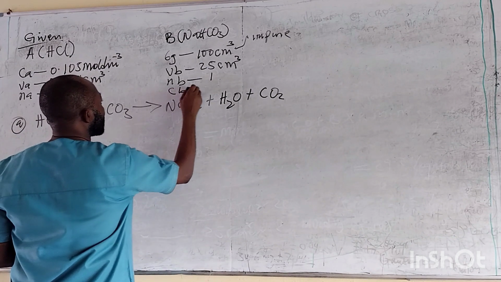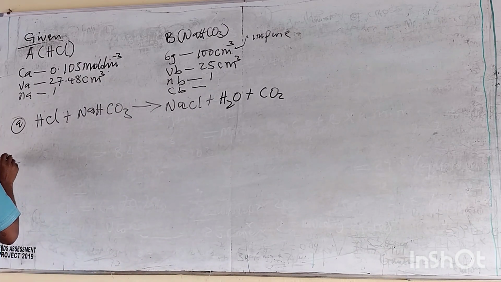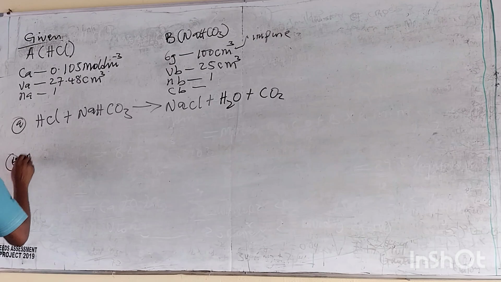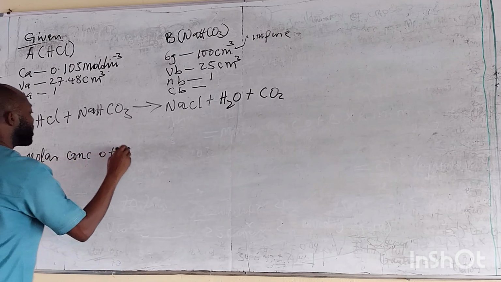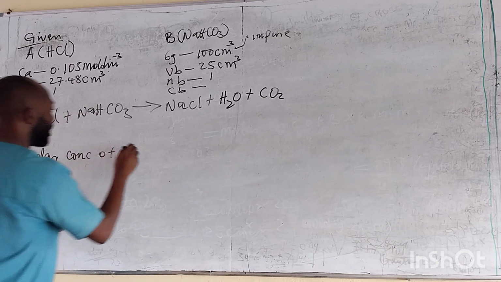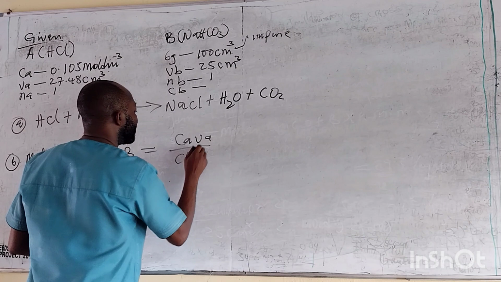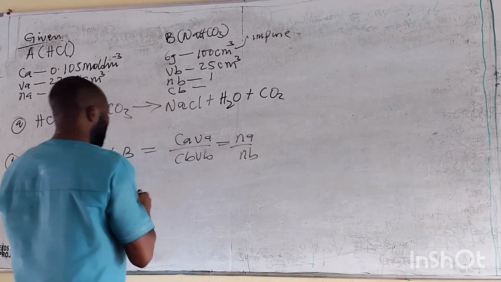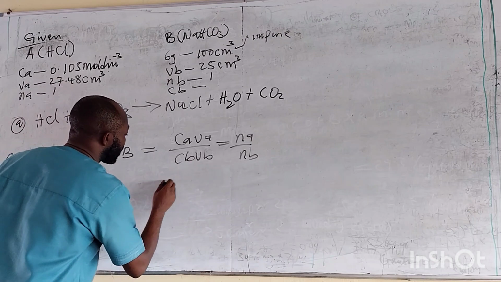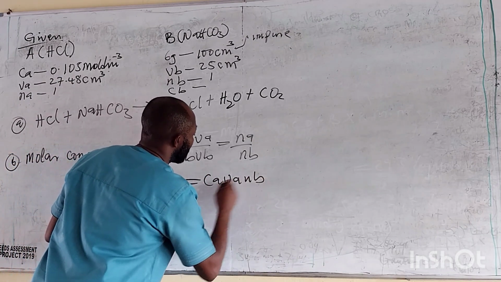I call this CB, the molar count of B, which I don't know. We use the formula CAVA over CBVB is equal to NA over NB. And CB, which we are looking for, is equal to CAVANB over VBNA.